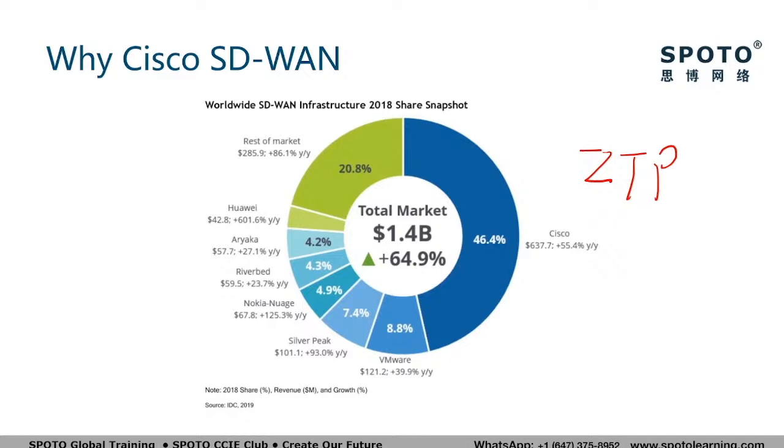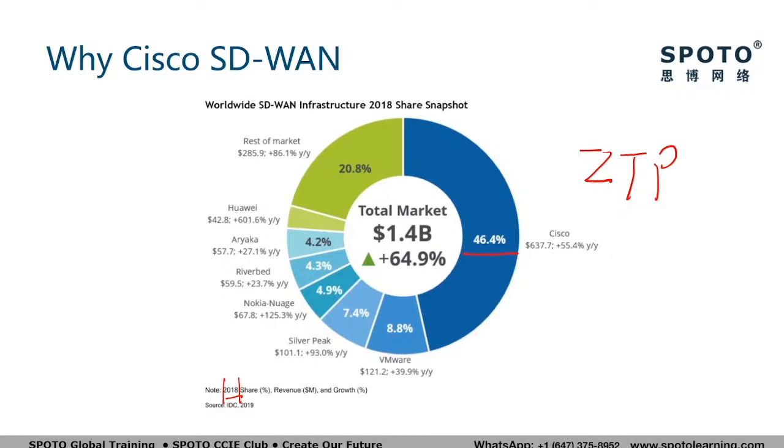For Cisco's SD-WAN, as the diagram shows here, in 2018, this year, the market share of SD-WAN is about 46%. It's almost half of the market share. So Cisco is a top vendor, a top player in this playground.